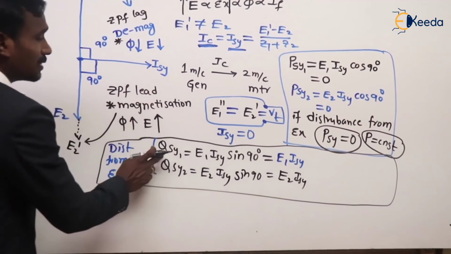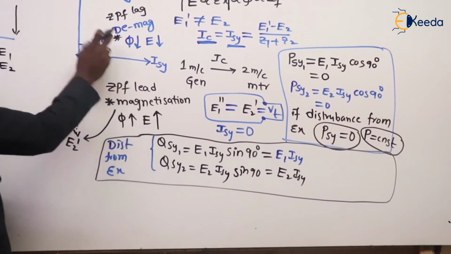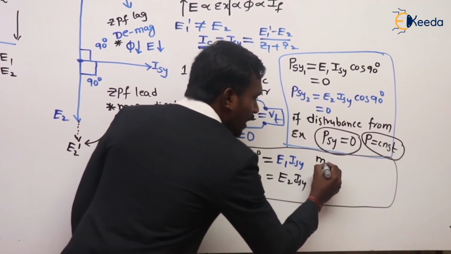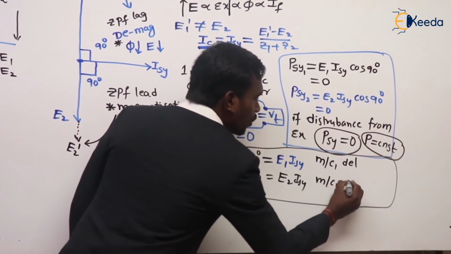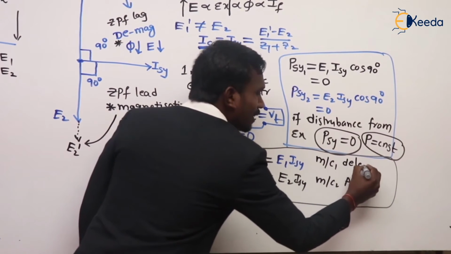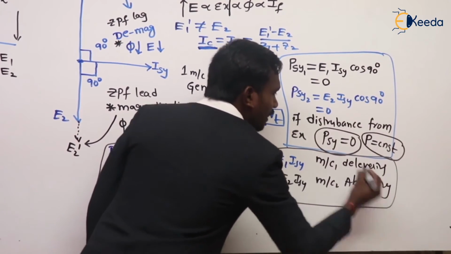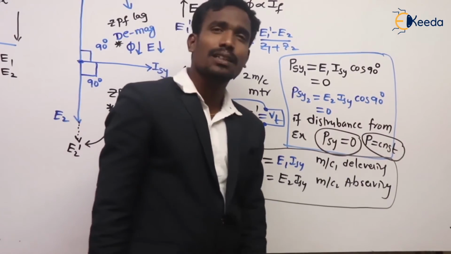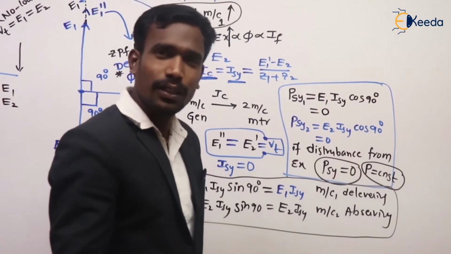See here, this reactive power is delivered from machine 1, this IC is delivered from machine 1, delivering to machine 2, which is absorbing. We should remember machine 1 delivers the reactive power, machine 2 absorbs the reactive power.